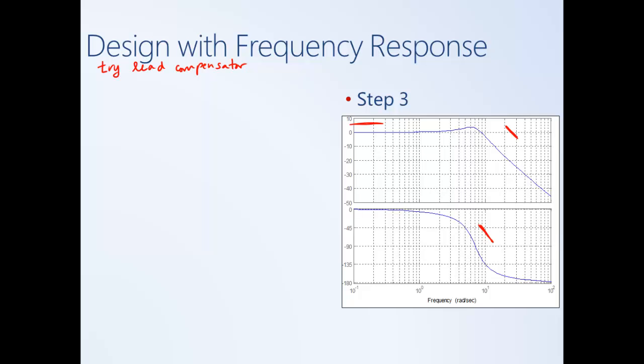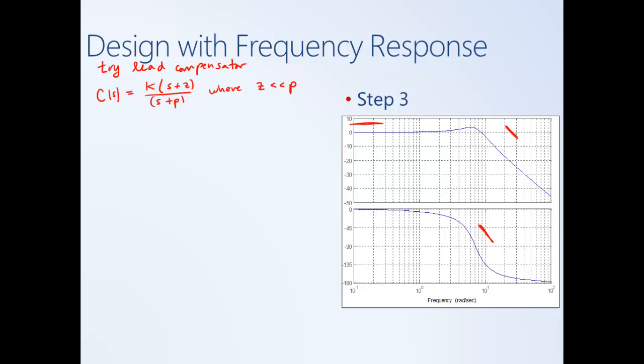The structure of a lead compensator is basically that it has a single zero, so we'll give it some gain K, has a single zero and a single pole. But the zero is smaller than the pole. So you could almost think of it as if the zero is dominating a little bit.